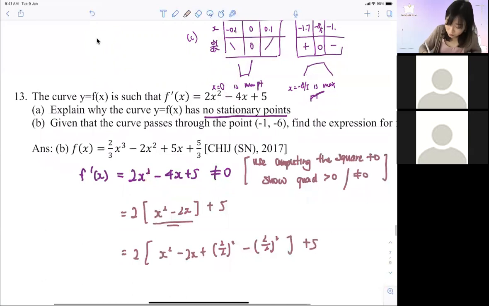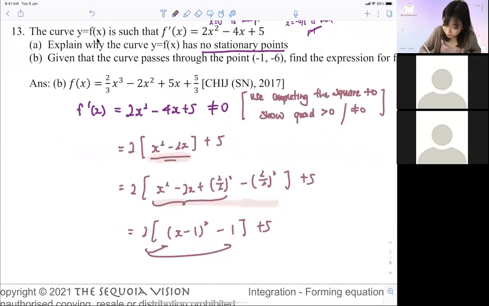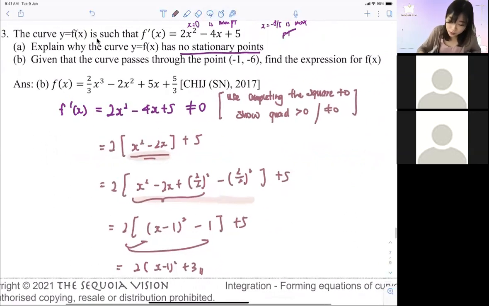Okay, can you see? From here becomes here. Okay, we did complete the square. Then slowly, these 3 combined become x minus 1 square. Okay, put the 2 in. Okay, not done yet.